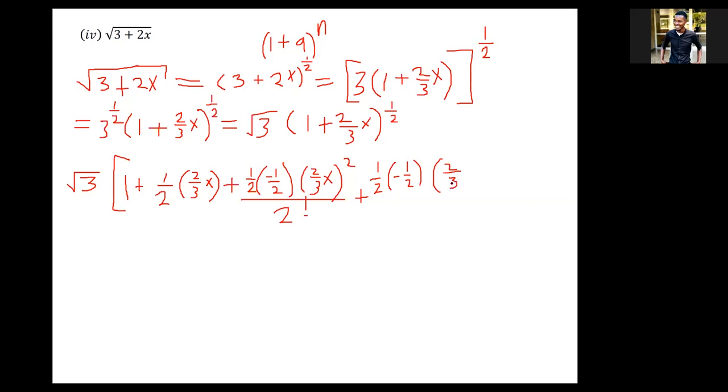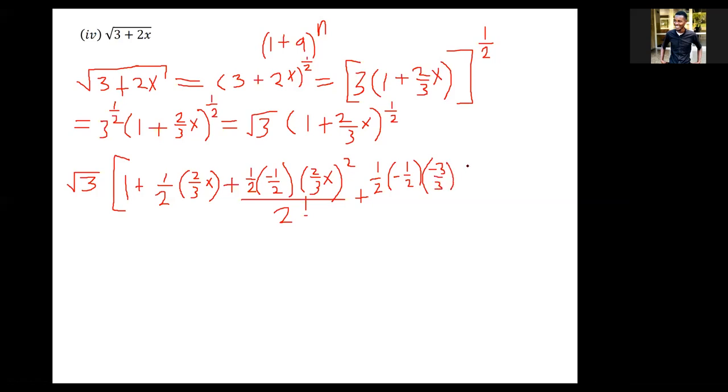Oh, sorry, before I write that, again, you subtract this half minus 2. So you have half minus 2. Your answer is going to be negative 3 over 2. You're going to have negative 3 over 2 there.